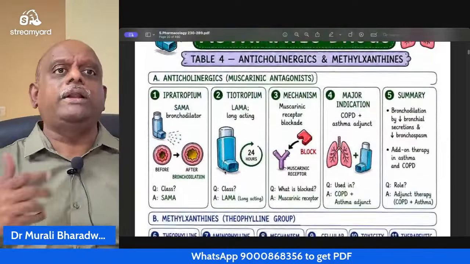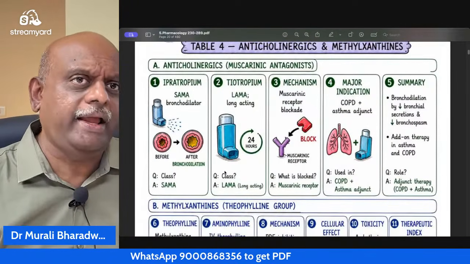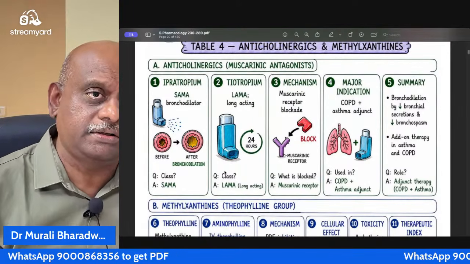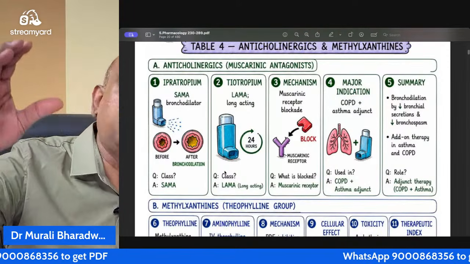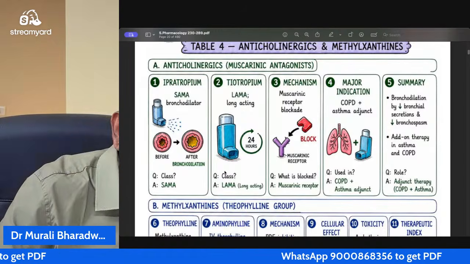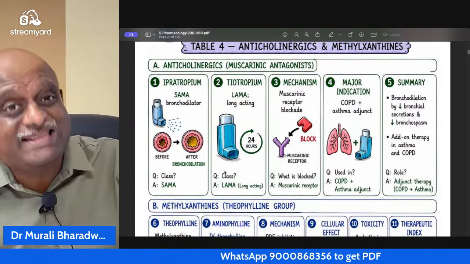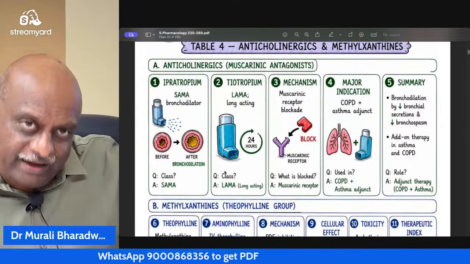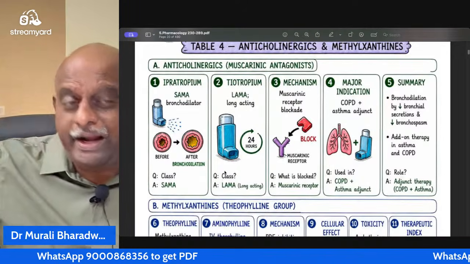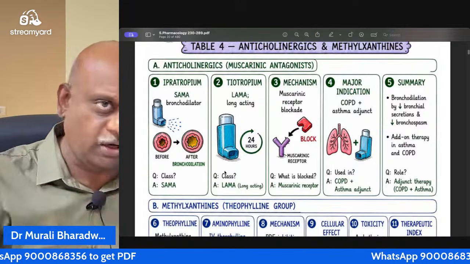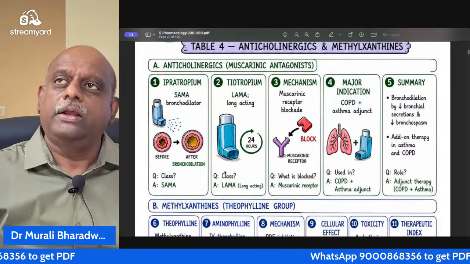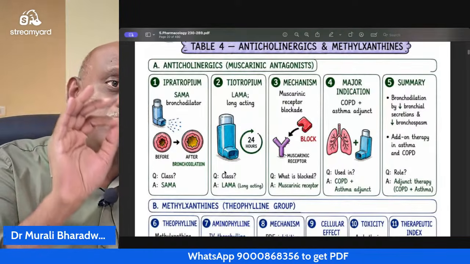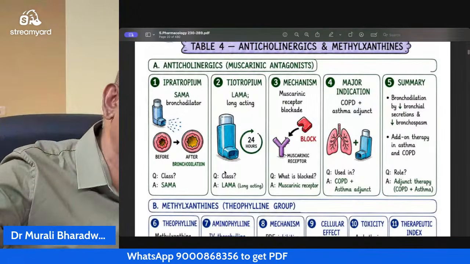Now, anticholinergics. So basically, what is the reason for bronchoconstriction? Either too much cholinergic activity or too little adrenergic activity. You increase the adrenergic activity or you antagonize the cholinergic activity, leading to bronchodilation. If you look at COPD patients, their bronchoconstriction is mainly due to cholinergic excess.